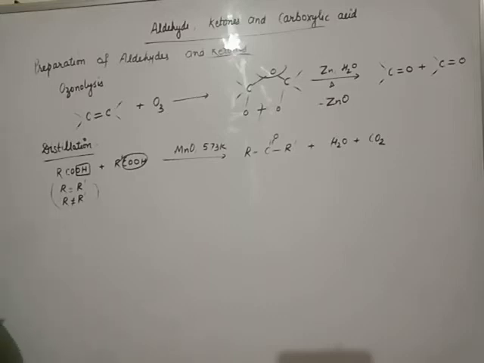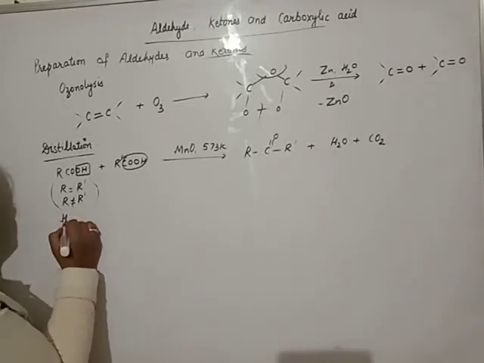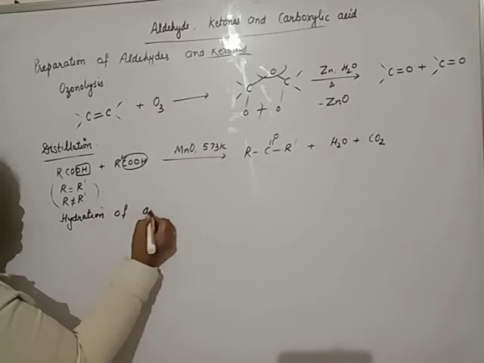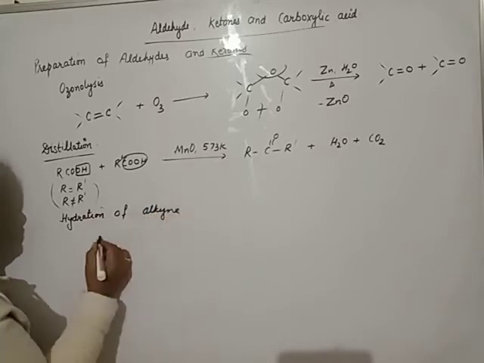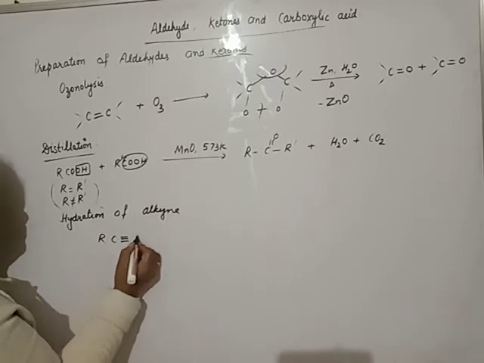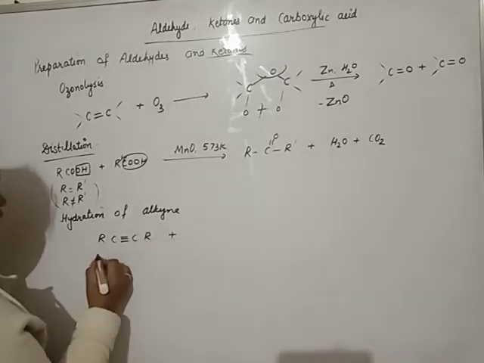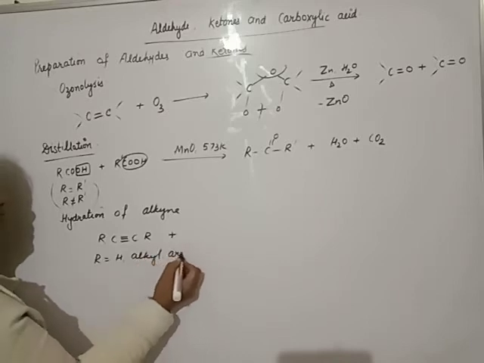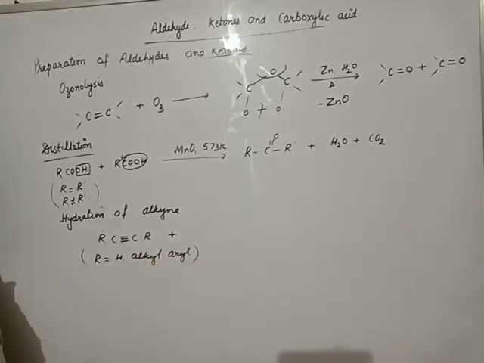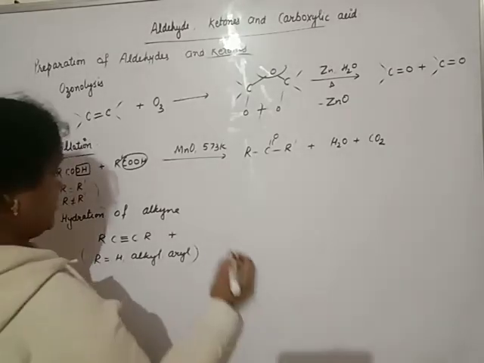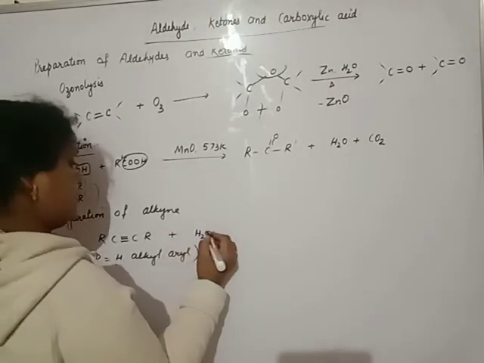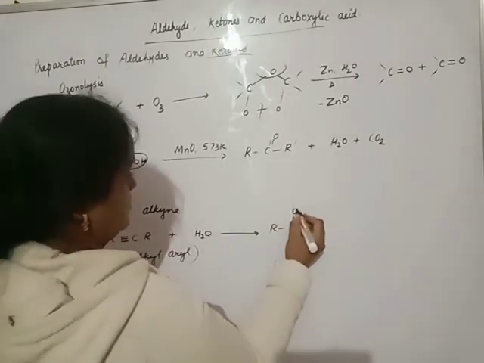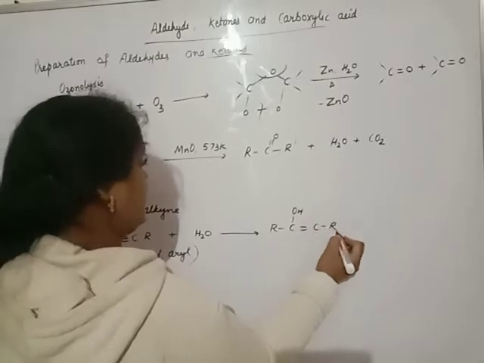Beta, another method is the hydration of alkyne. R may be H, may be alkyl, or aryl, not metal. Maybe benzene, maybe alkyl chain, maybe hydrogen. On addition with water, it will give an addition reaction, and we will get enol.